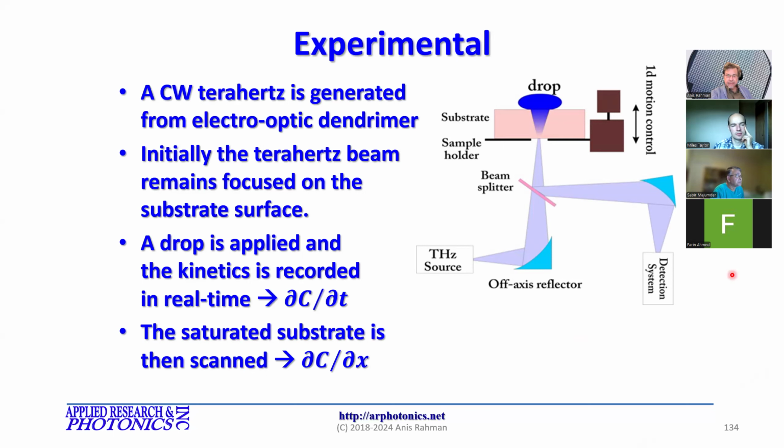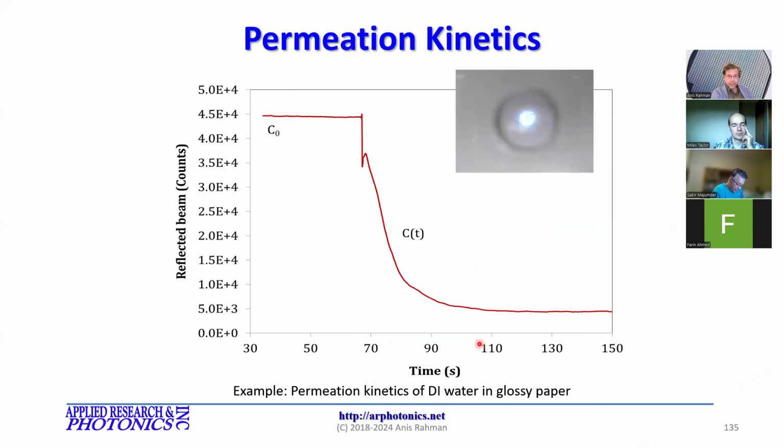We measure the dC/dt as well as dC/dx. dC/dx is a little difficult to measure, but dC/dt, the kinetics, is the first order of measurement. So here, as you can see, I have a piece of paper on which I have a drop of DI water.